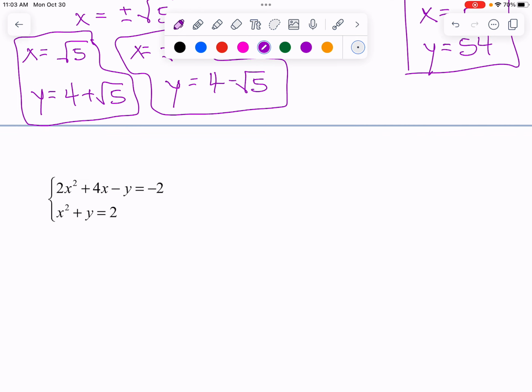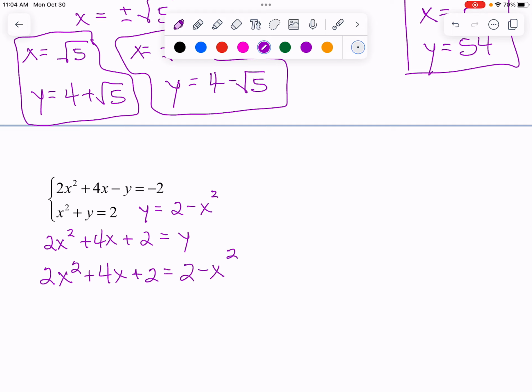Okay, on this one, solve for y. Top one, 2x squared plus 4x plus 2 equals y. The bottom, y equals 2 minus x squared. So I'm going to substitute in. So this would be 2x squared plus 4x plus 2 equals 2 minus x squared.